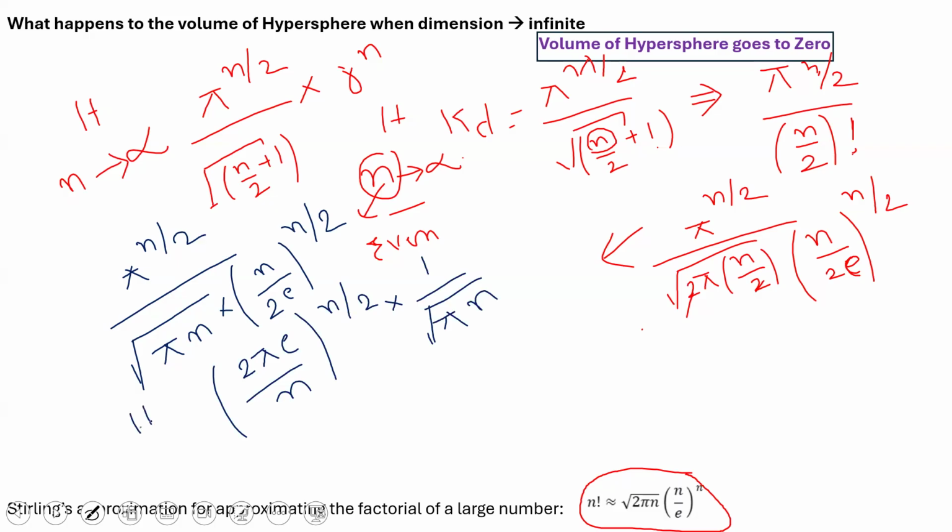And now if I apply limit n tends to infinity, the 2 pi e value is approximately 18. You can calculate 2 pi e, it is less than or equal to 18. So pi is 22 by 7, and the value of e is 2.718. You can just calculate 2 pi e if you want; it would be less than 18.